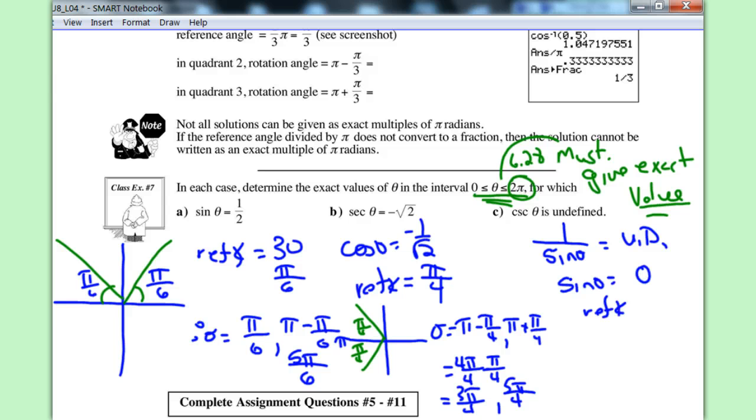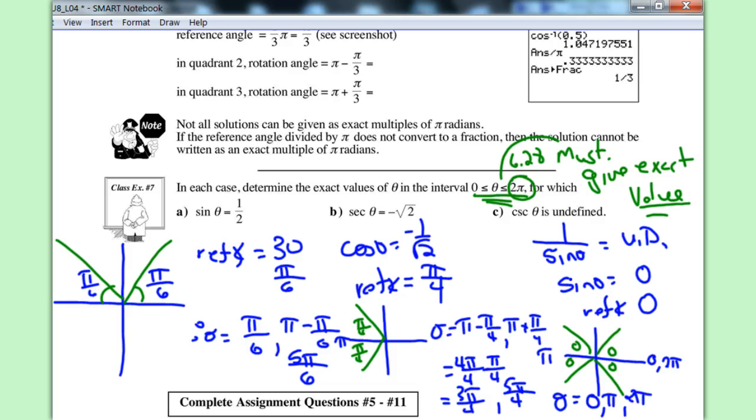Again, the reference angle for that is still 0, but when we put it in all 4 quadrants, 1, 2, 3 and 4, we get 0 and 0 and 0 and 0. Remember that in terms of pi, this is 0 and 2 pi, and this is pi. So my answers here are theta is equal to 0, pi, and 2 pi, right?